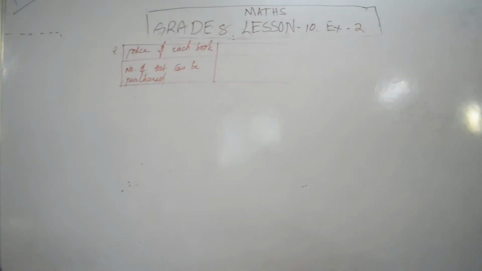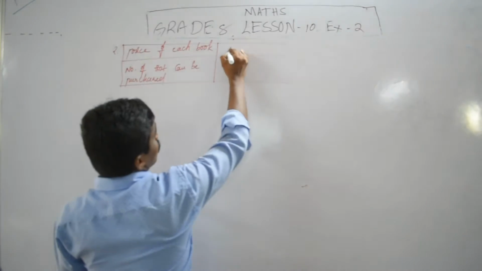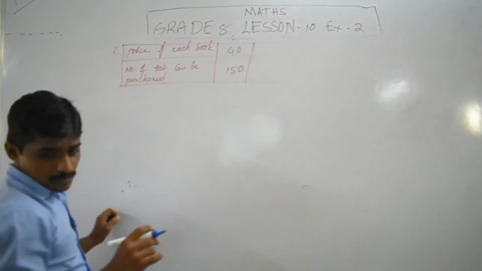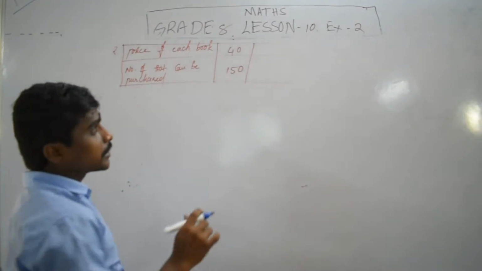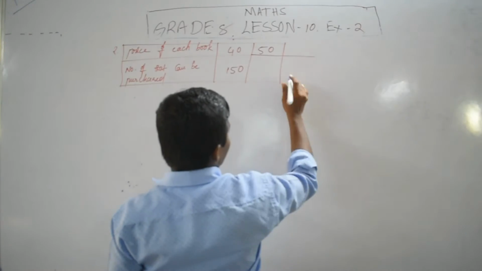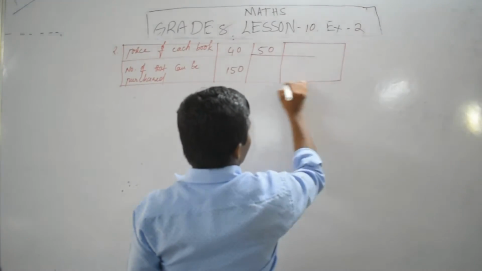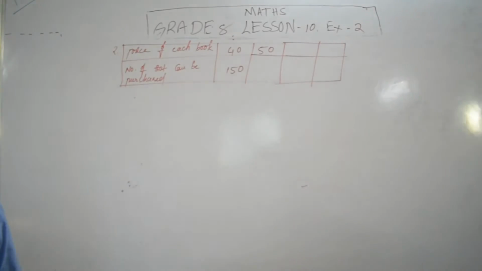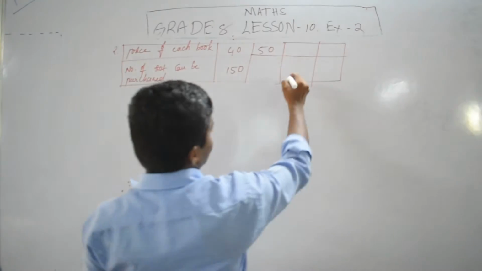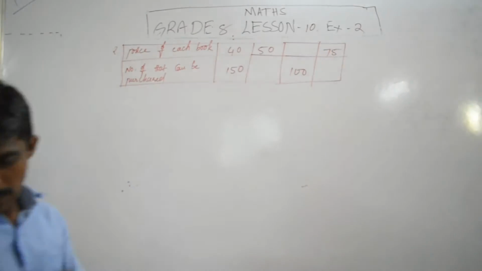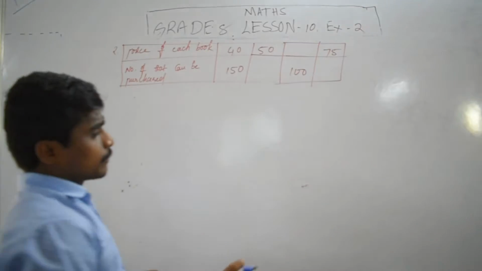See, price of each book 40, 150, 50, 100, 75, 75.